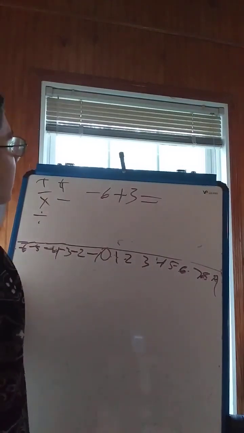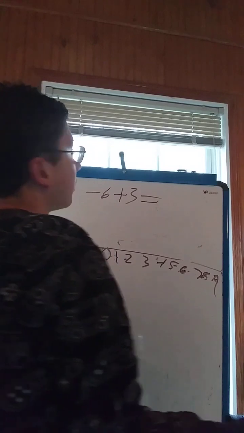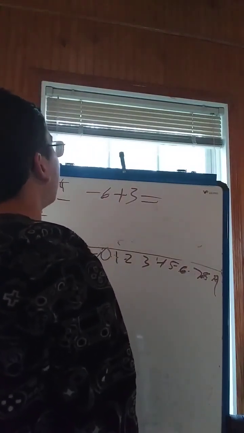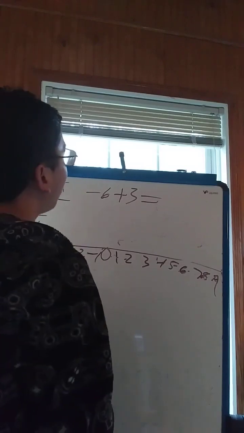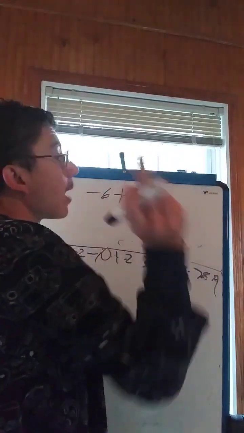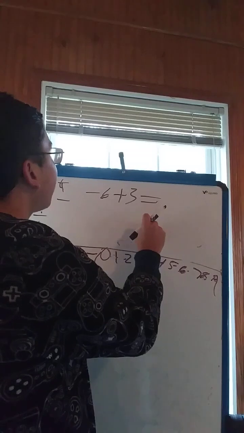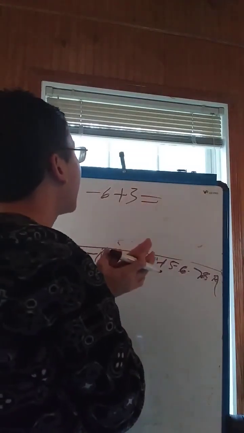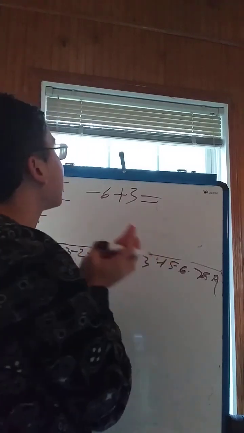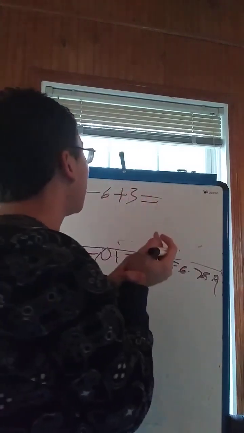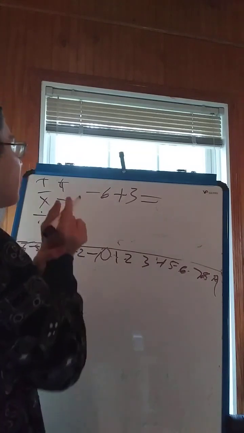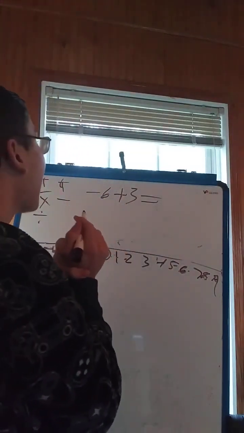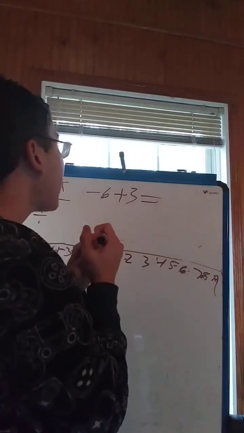Well, you're wondering, okay, well, 6 plus 3, well, no. You have a problem and the two signs are different. The two signs are opposite. So one's a negative, one's a positive. And when you're adding, you do the opposite of addition. So when you have a negative 6 and a positive 3, in this case, you would subtract. So 6 minus 3 is 3.